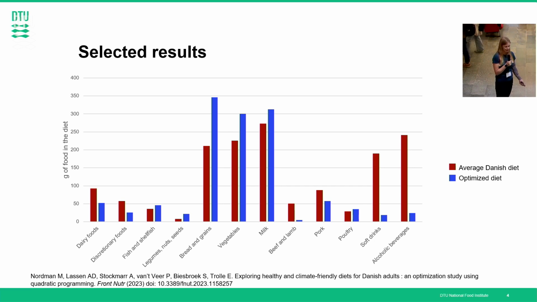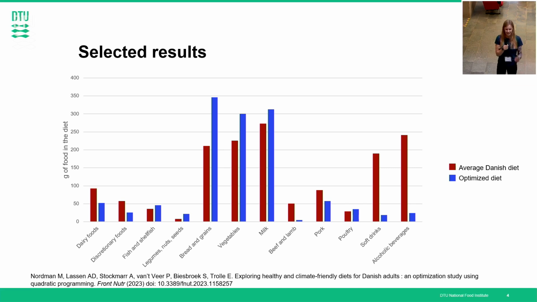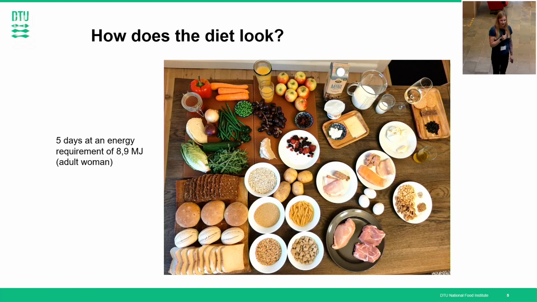But I think it's boring to look at diets in bar plots. So I was thinking, how does this diet look like in real life? And lucky for you, I was curious and did this of measuring and actually laying out all the foods of my mathematically optimized diet. So this is all the foods for 5 days for an average adult woman, me.